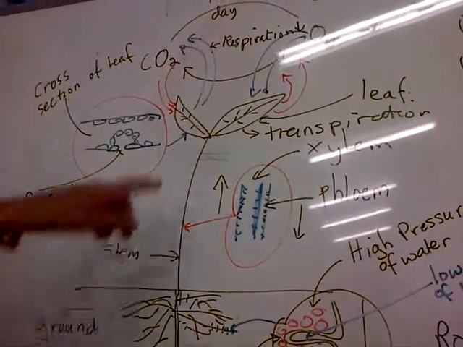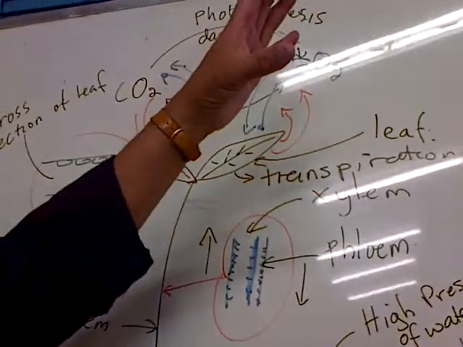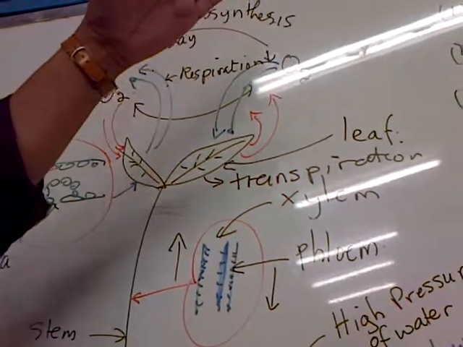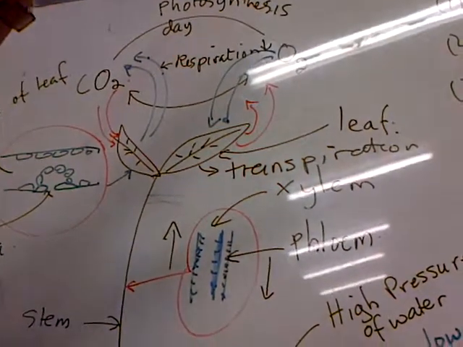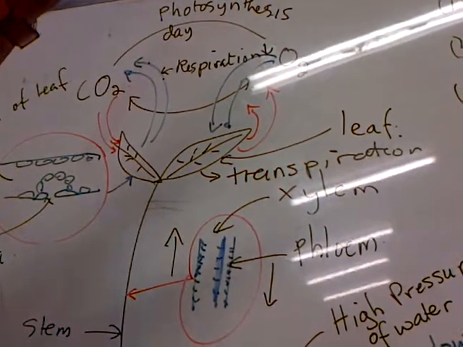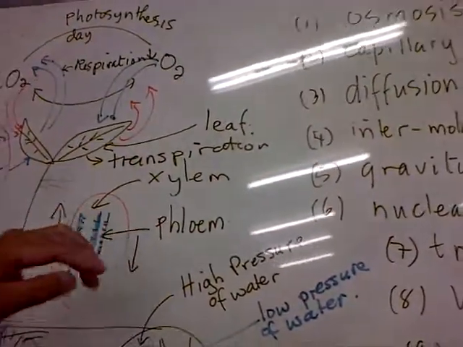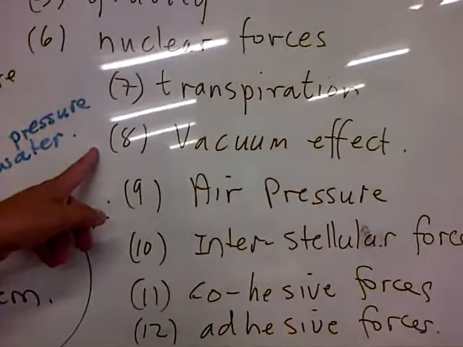And then it creates a gap. Every time water moves out, molecules move up, and that makes a space for other molecules to come in through the roots. And so you have that cycle happening. Are you with me? Because a vacuum effect has been created.